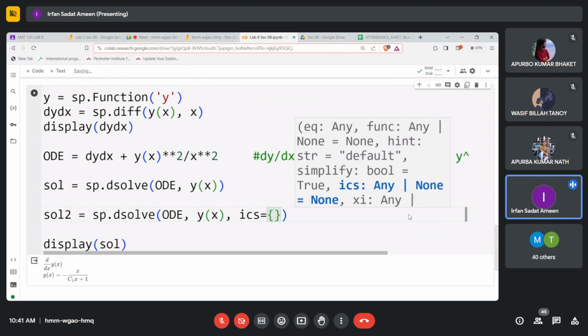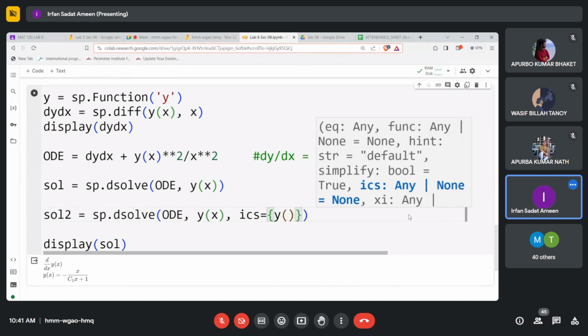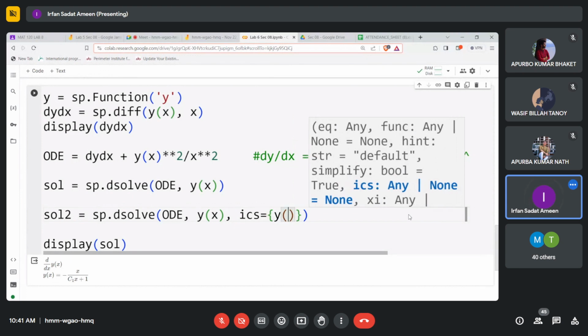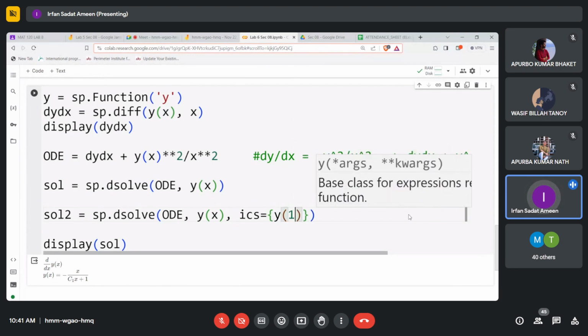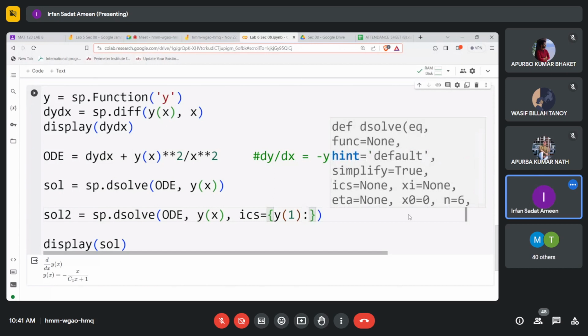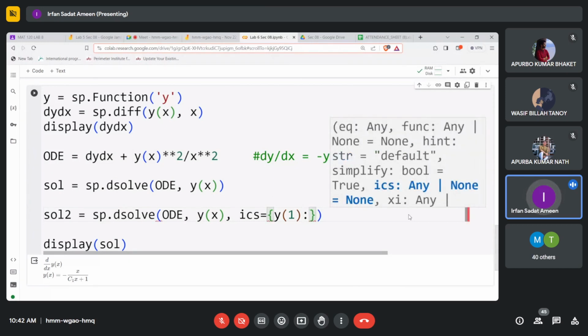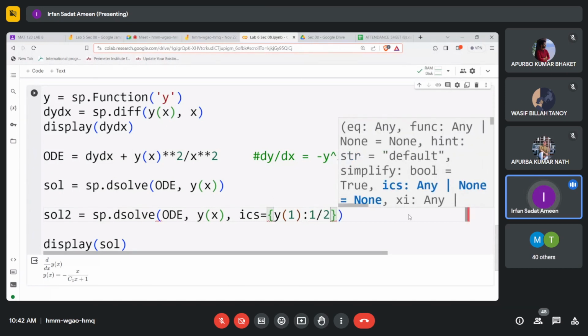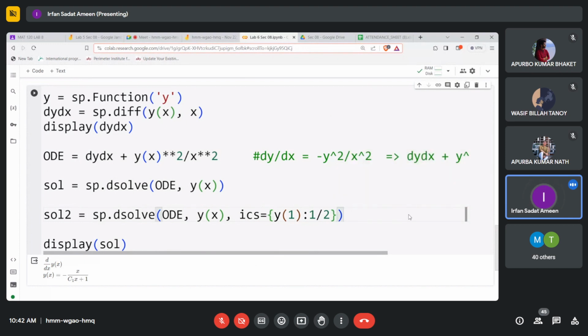Inside the curly brackets you have to write your arbitrary function, with x inside. When x is 1, our initial value of x is 1, then you have to write a colon here, the value of this function is half. So this is a format that you have to maintain.